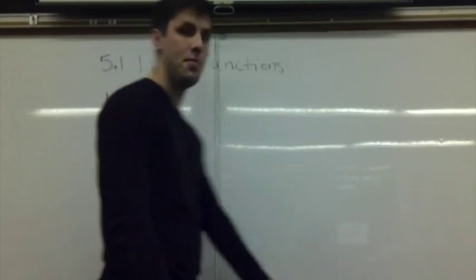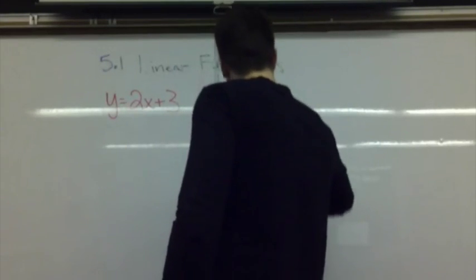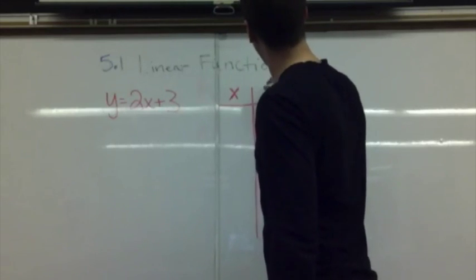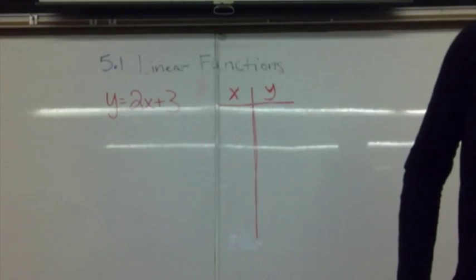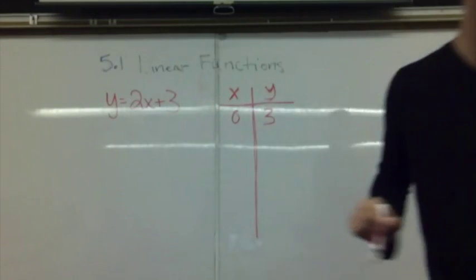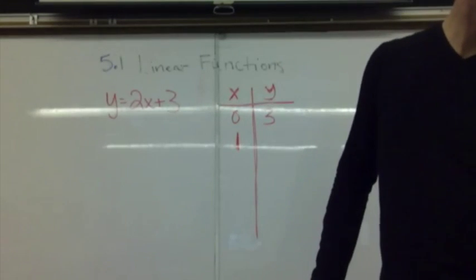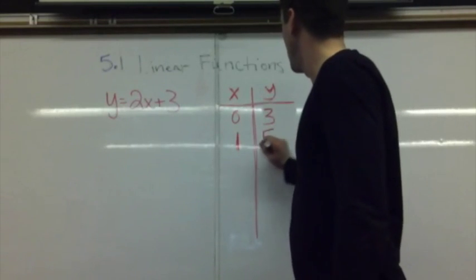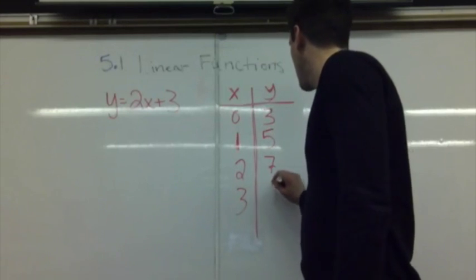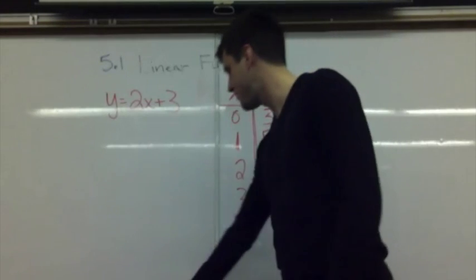All right, the next thing is going to be a table. In your notes, you have a table that says x and y, and it gives the values: where x is 0, y is 3, where x is 1, y is 5, where x is 2, y is 7, where x is 3, y is 9. All right, so how do we find m and b?